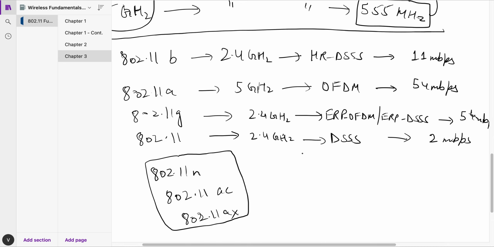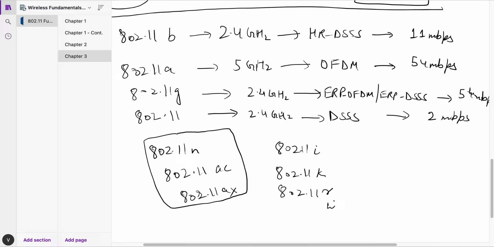But we also have some other standards like 802.11i, 802.11k, 802.11r, w, and so on and so forth. We will uncover these in the following video.